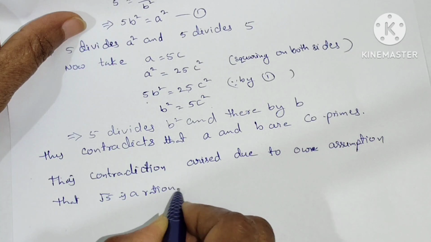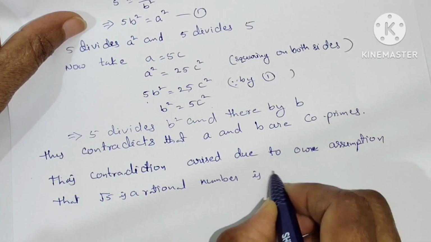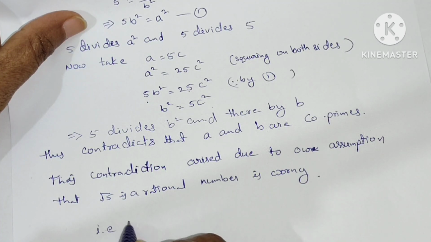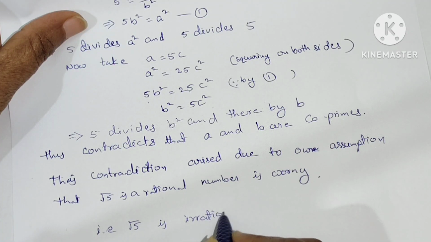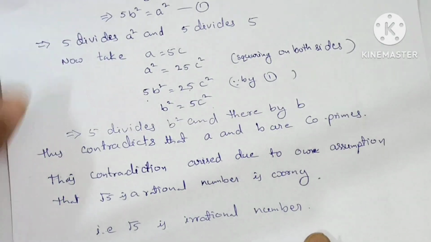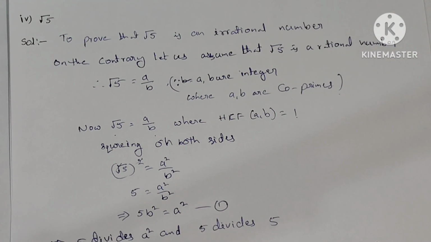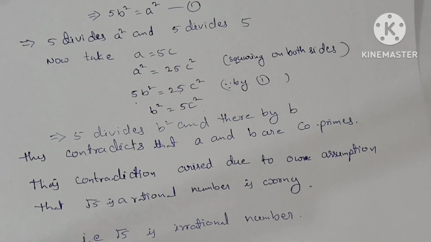This assumption is wrong. So root 5 is an irrational number. This is our proof. So this is the fourth proof, first half. Next, the second half.